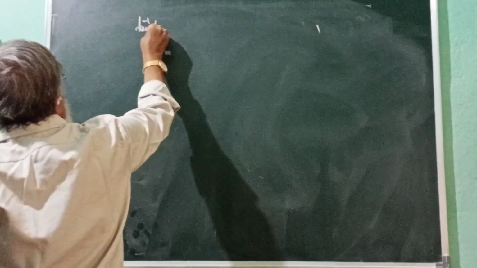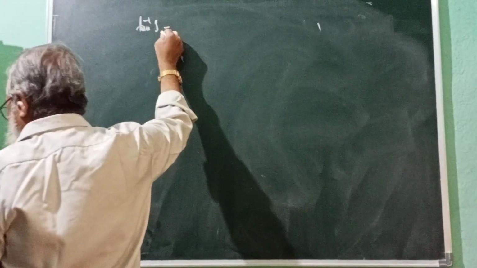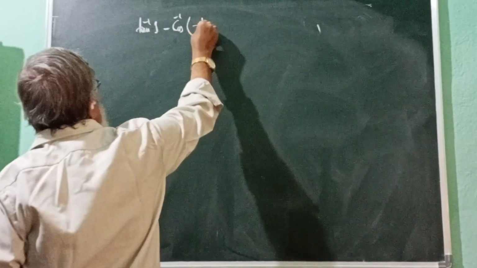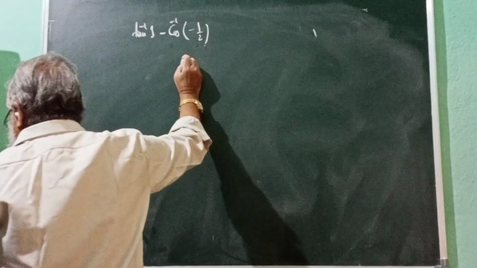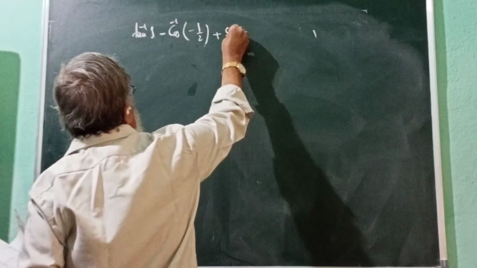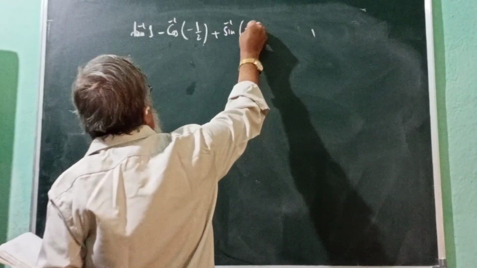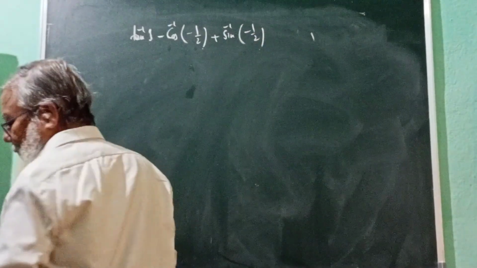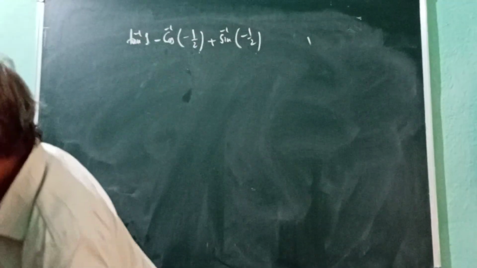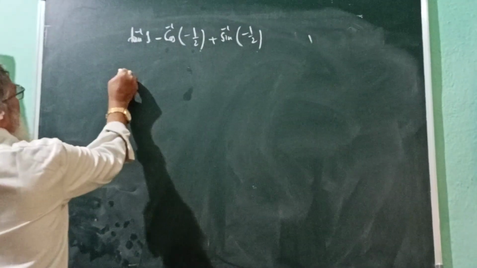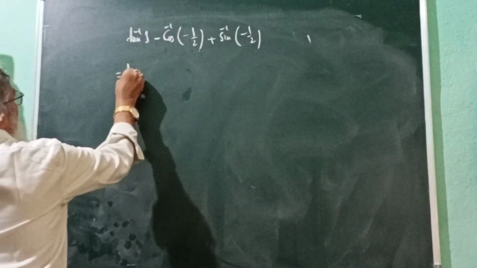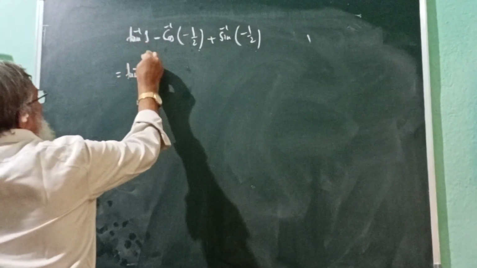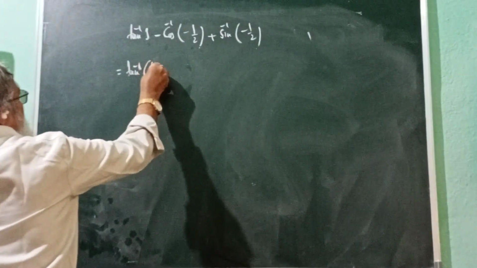The value of tan inverse 1 minus cos inverse of minus 1 by 2 plus sin inverse of minus 1 by 2. Now look here, let us write down the value of 1 in terms of tan, that is tan 45 is 1.